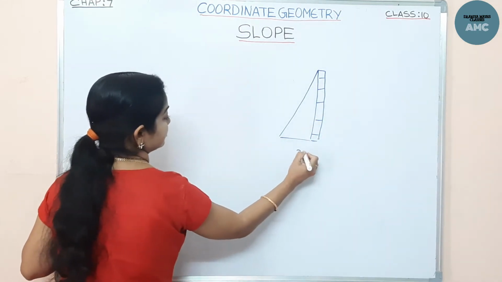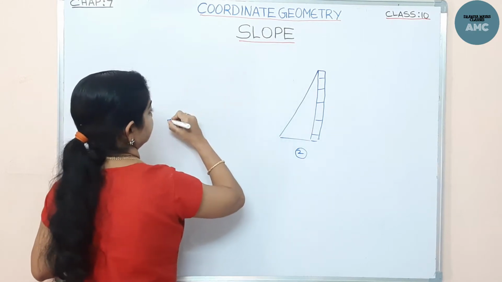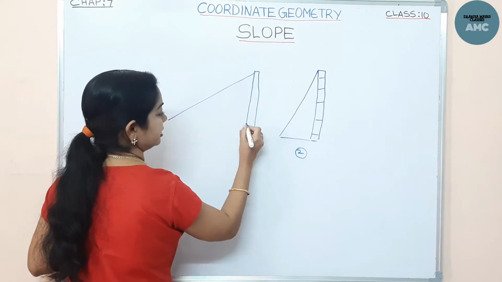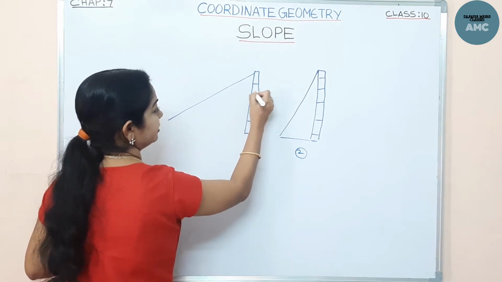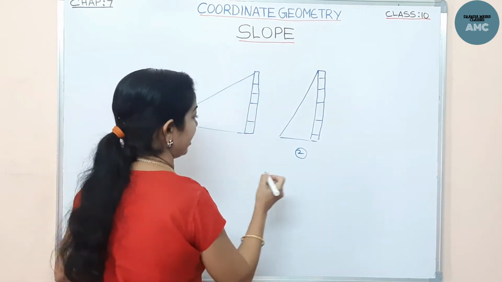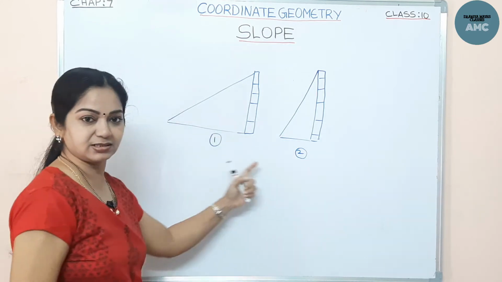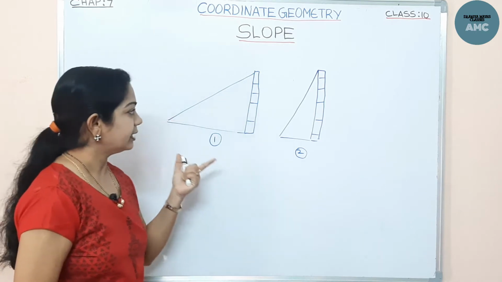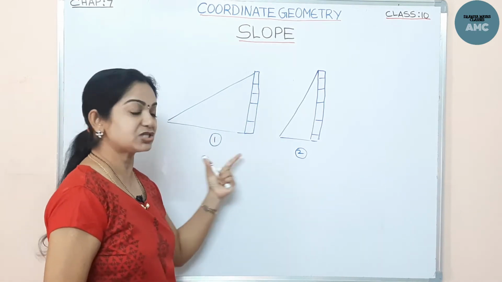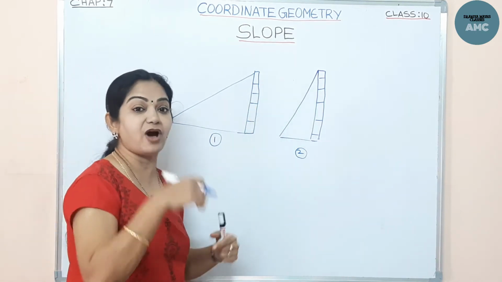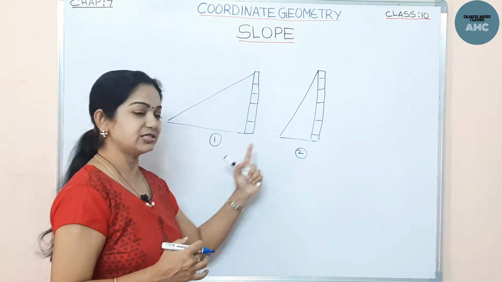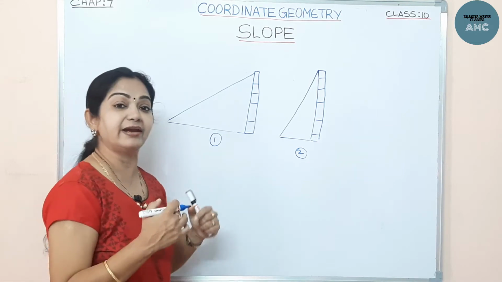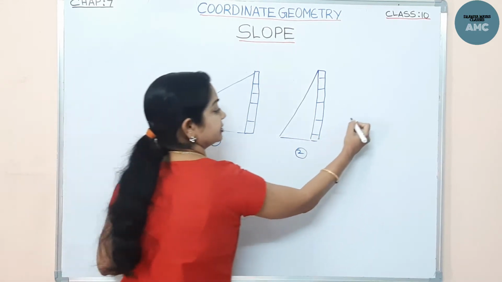This is diagram 2, let it be, and these are the 2 slides in a community park. Suppose this is diagram 1 and this is diagram 2. If you see these 2 clearly, in which slide can we slide faster? These are the 2 slides placed in a community park, and in which slide can we slide faster here, okay?